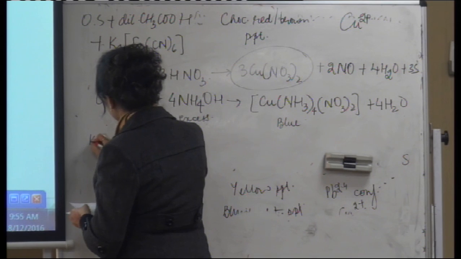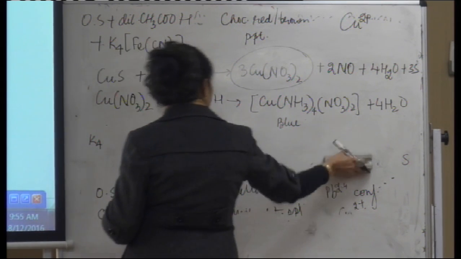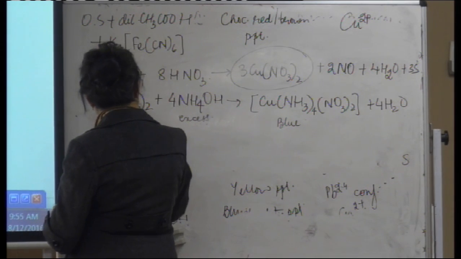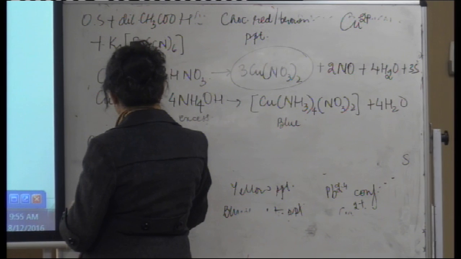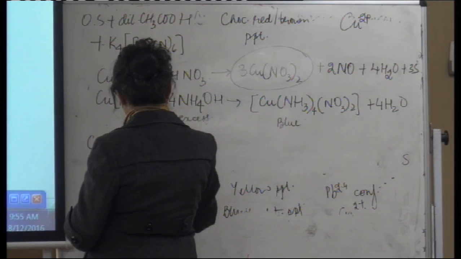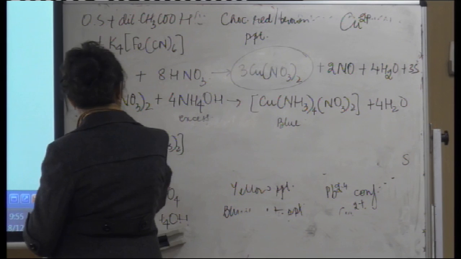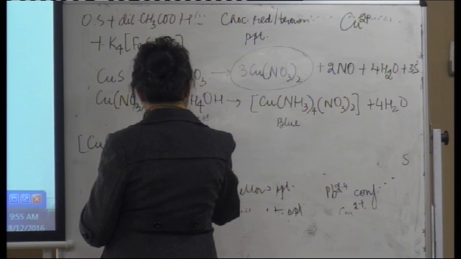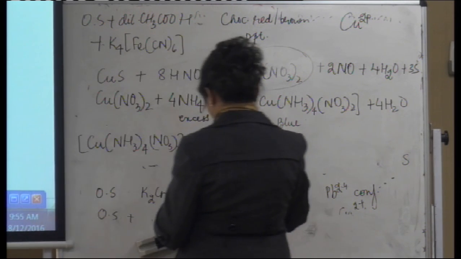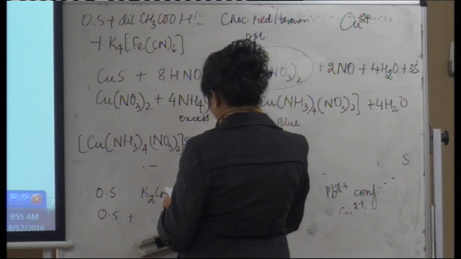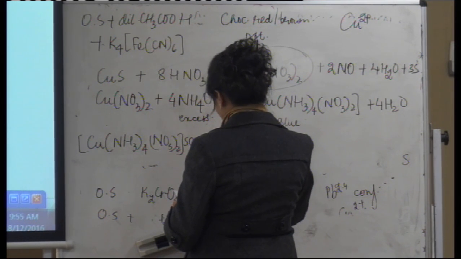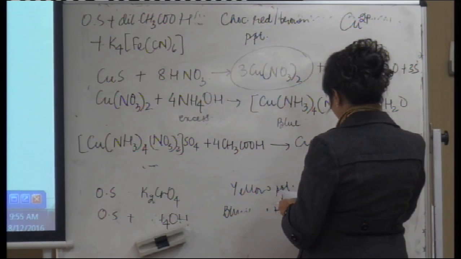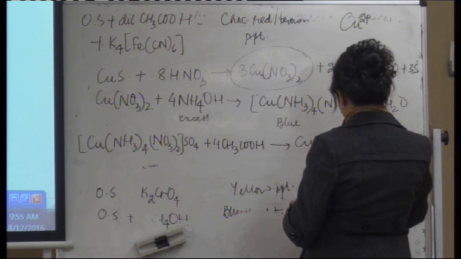And then if I add K4[Fe(CN)6] to it, rather than writing, I'll write the reaction directly. You take this complex, which is [Cu(NH3)4](NO3)2. If you add to this acetic acid, you have SO4 plus 4 acetic acid, then in that case you get CuSO4 plus 4 CH3COONH4.